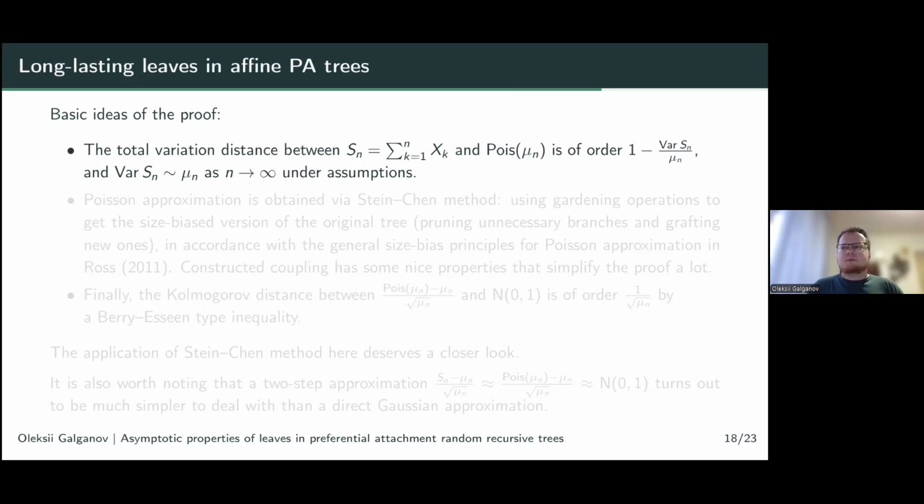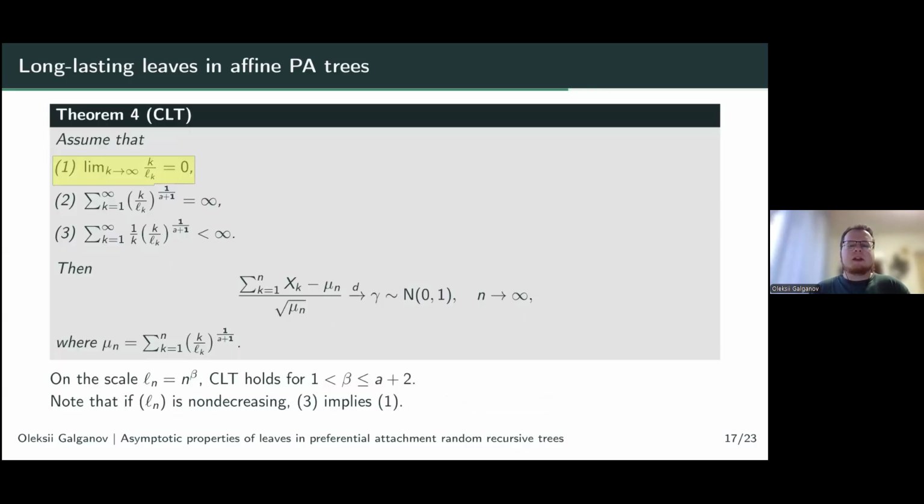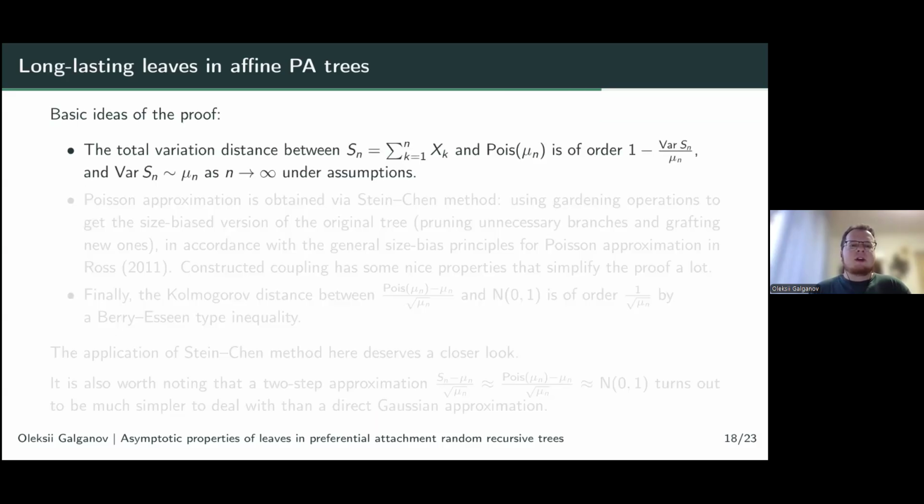In order to prove the central limit theorem, we will estimate the distance between our pre-limiting random variable and normal distribution in some metrics. So the first step is that the total variation distance between this sum of indicators and the Poisson random variable with the same mean is of order 1 minus variance divided by mu, which is the expectation.